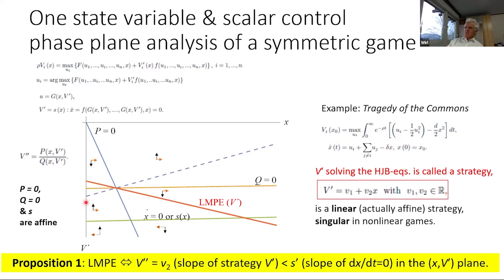You see immediately why this is. First of all, the steady state would be in the negative domain, and you would run away. So it would diverge. So it would not satisfy the transversality condition. So the crucial condition that you should remember is the following, that the second derivative of the value function must be less than the slope of the steady state.